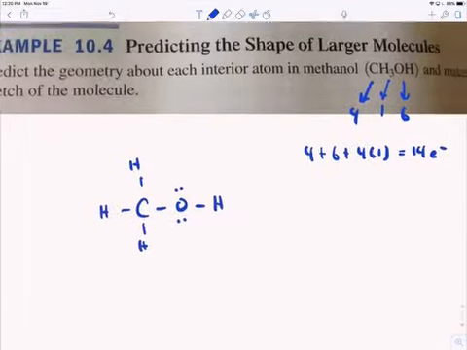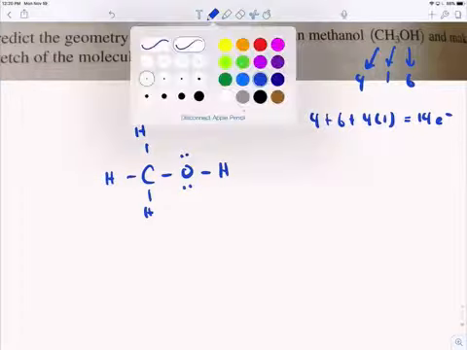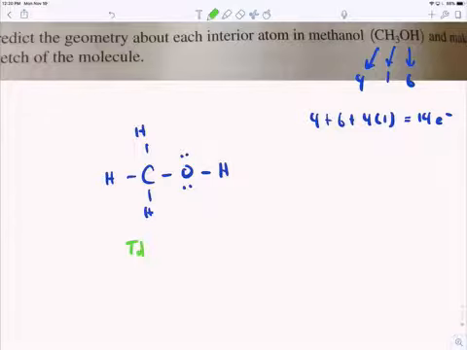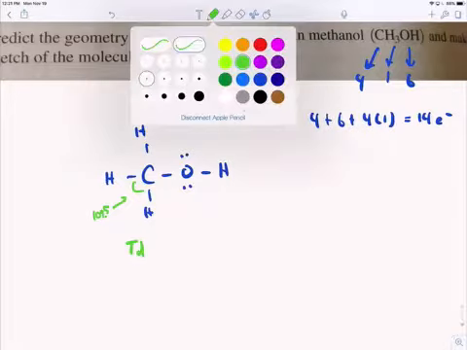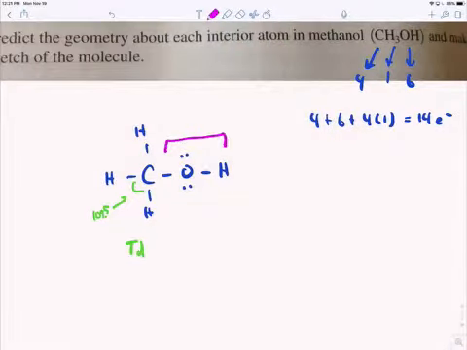So with this molecule, let's talk about the structure. This side here is tetrahedral, and the angle here is going to be 109.5. And this side here is going to be bent, because oxygen has 4 things, so 2 bonds, 2 lone pairs.